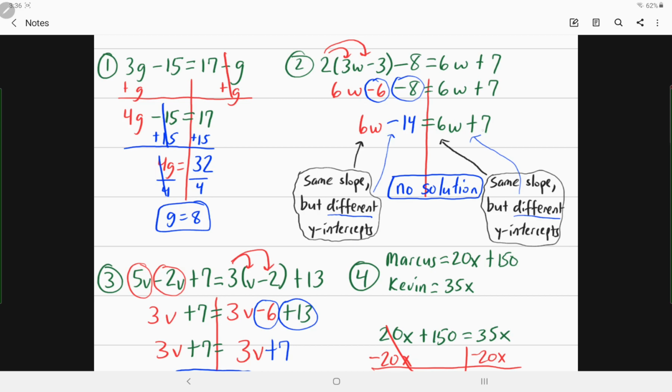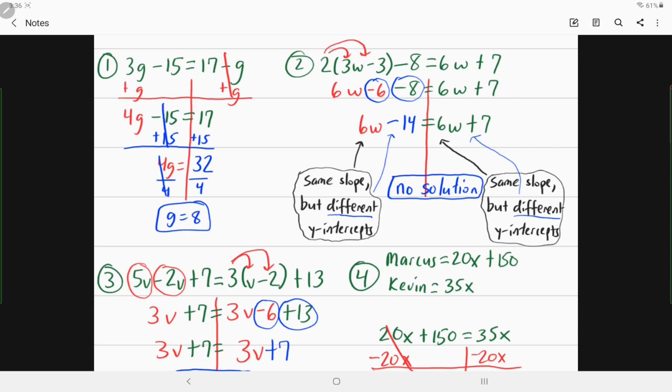On the right side, just bring down 6w plus 7, and you'll notice I put a note here in black on both sides. When two equations have the same slope, in this case 6, which is their coefficient, but they have different y-intercepts, or constants, which you see with the blue arrow. So I have negative 14 on the left, and positive 7 on the right.